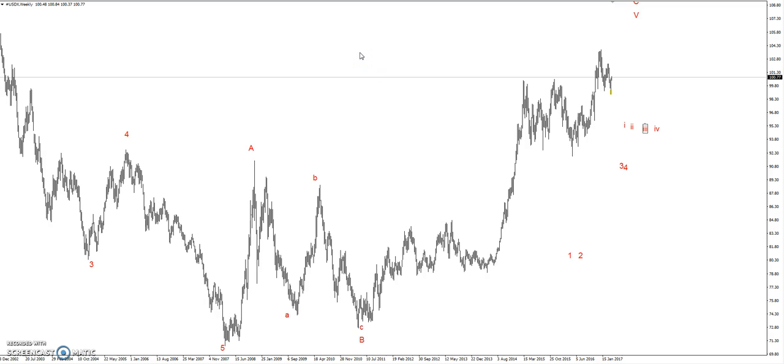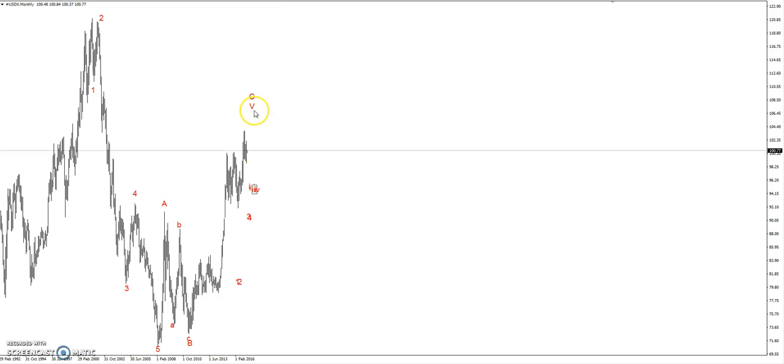This is a weekly chart, and I want to show you how I get to this decision to still buy dollars. And we're going to look also fundamentally at what is going on. So first of all, the wave principle is telling us that we are still in a correction.